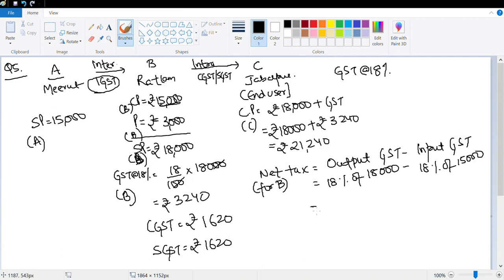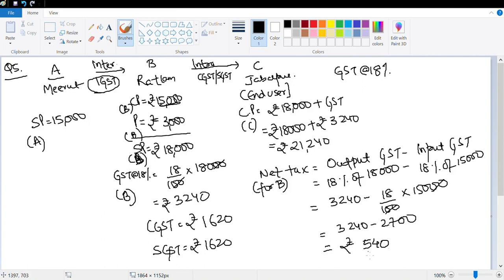We've already calculated 18% of 18,000, which is 3240, and 18% of 15,000 we haven't done, so let's do this. That's 15 into 18, that's 180, 90, 270, so 2700. So that's 3240 minus 2700, which is equal to rupees 540.